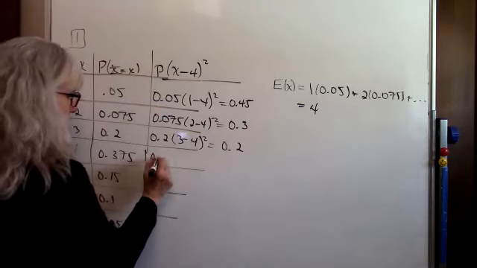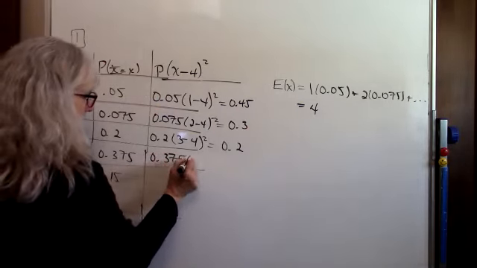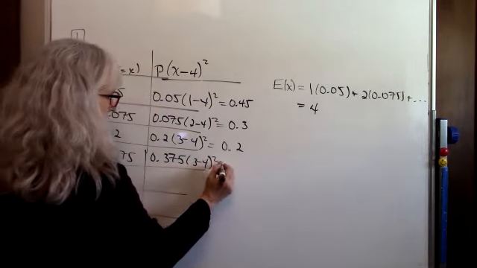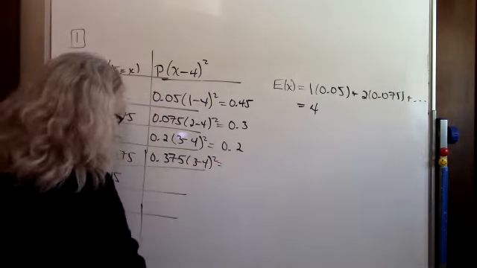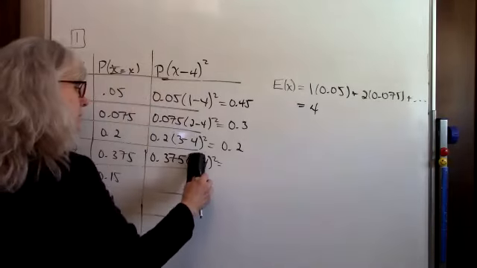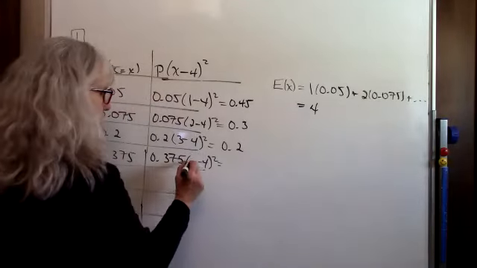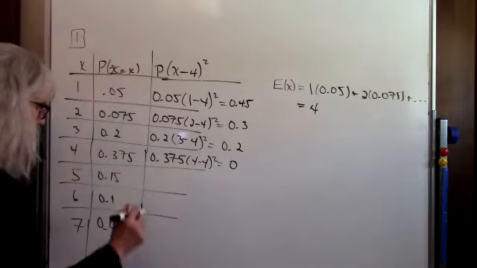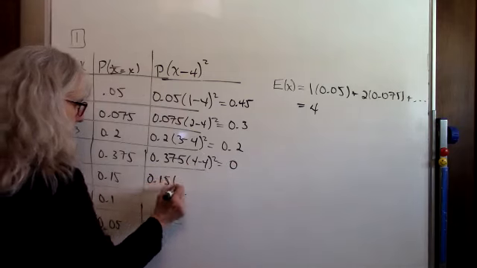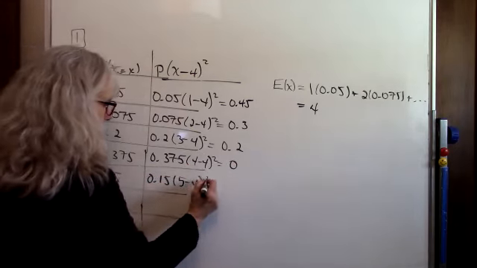Then we have 0.375 times 3 minus 4 squared. And hopefully as you watch this video, you are doing this also. Oops, I'm sorry, that was my mistake. That's 4 minus 4. Well, 4 minus 4 is 0, so this one comes out to be 0, which is okay. Nothing wrong with that. We then have 0.15 times 5 minus 4 squared.